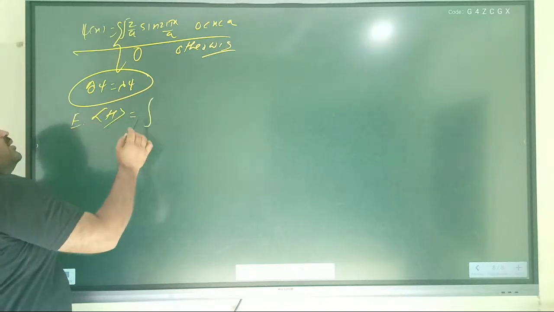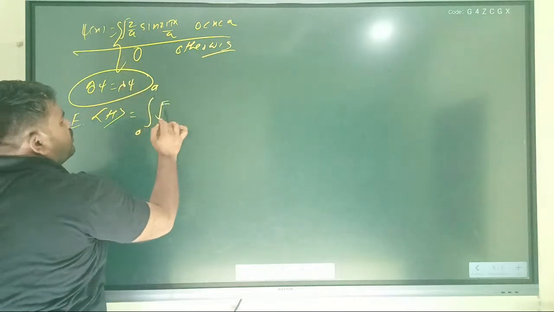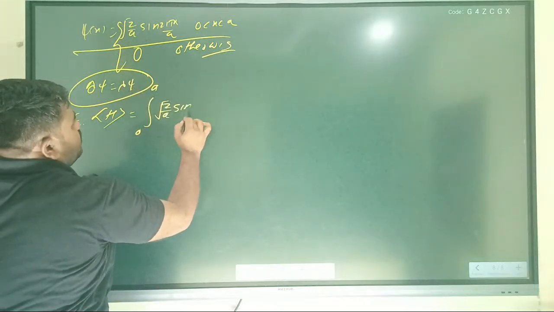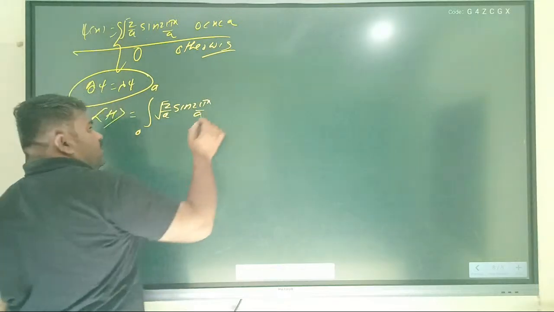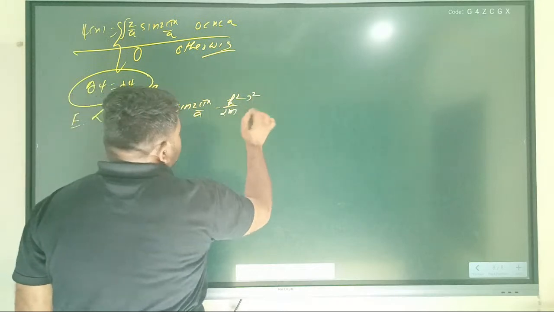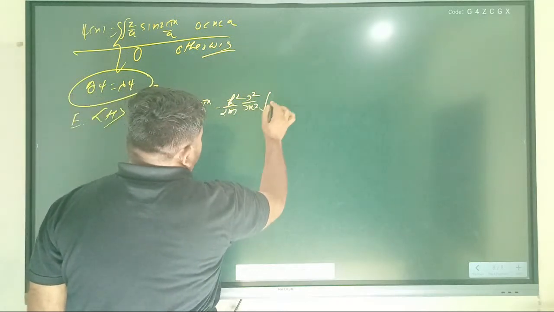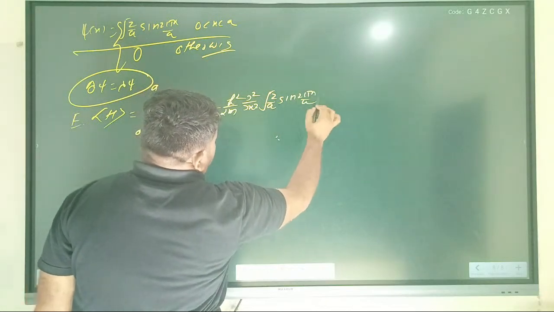देखिए लिमिट 0 to a, okay, root 2 upon a sin 2 pi x upon a, okay, into H means minus h cross square upon 2m double derivative with respect to x square into root 2 upon a sin 2 pi x upon a into dx.